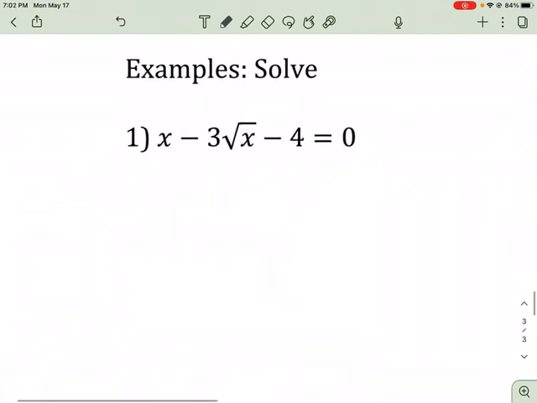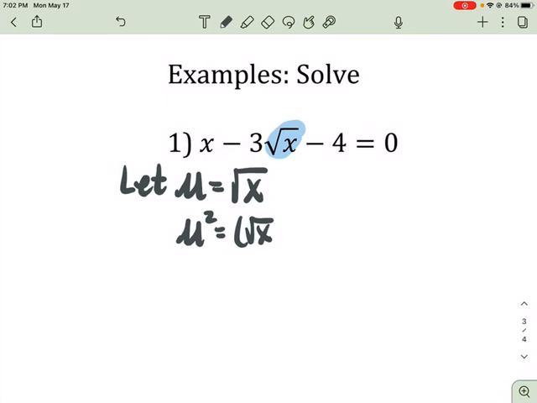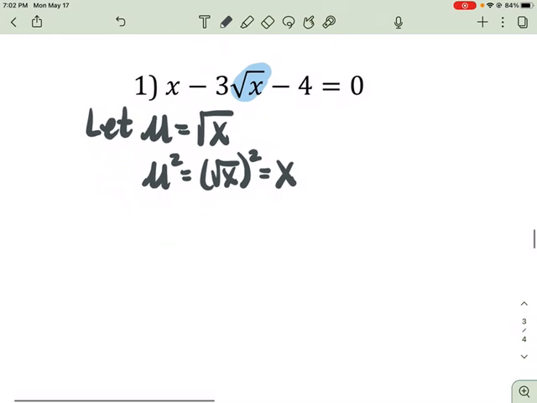All right, so let's try this one. That looks really, really hard. Like, how in the world are we going to solve this? Let's start with our let u being this middle term. So let u equal the square root of x. That means u squared is the square root of x squared, which is just x. Well, that makes sense.